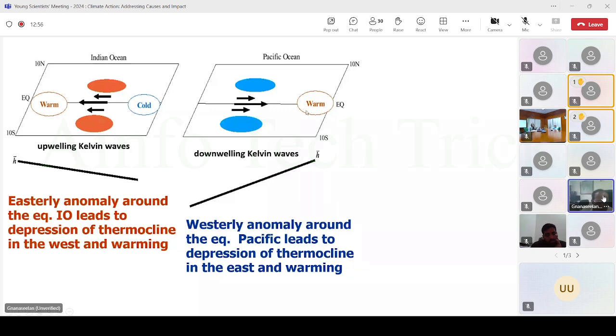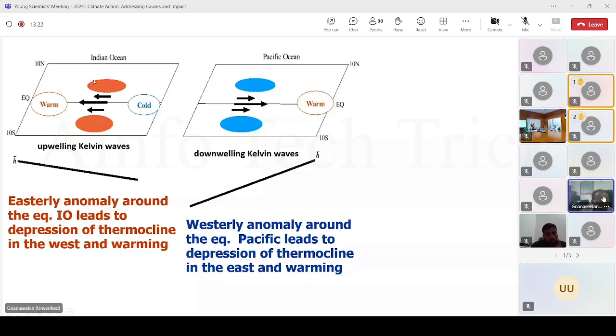Now, if you look at the trigger in both the Pacific and Indian Oceans, the equatorial region will have more magnitude of wind anomalies compared to the off-equatorial region. So in the Indian Ocean, they can induce anticyclonic circulations.